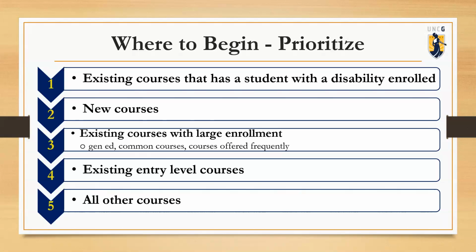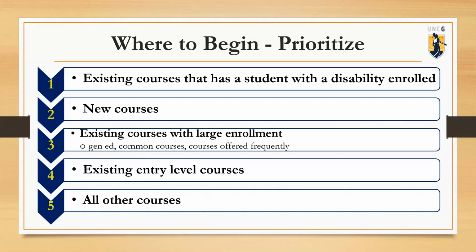From there, you want to look at your existing entry-level courses. Again, another good place to start. And sometimes that could also be a course that has large enrollment. Again, think about reaching as many students as you're able to, and about the type of course that would be more common.